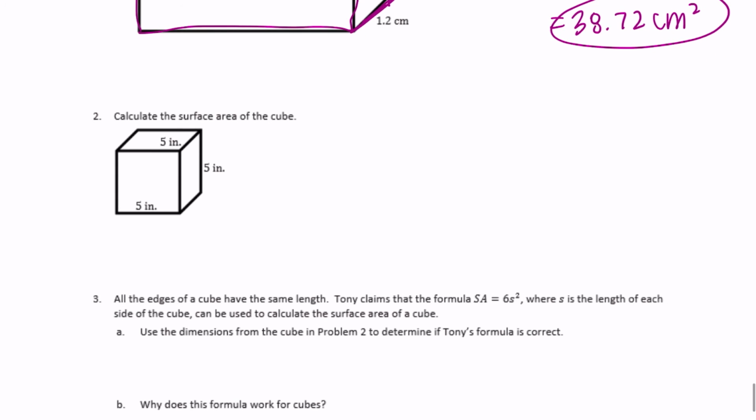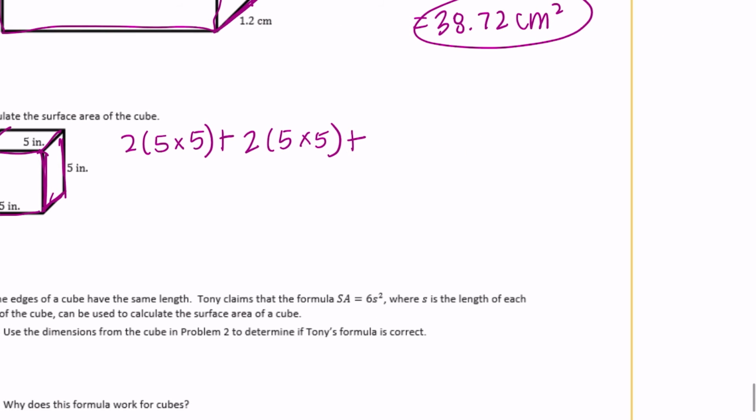Number 2, calculate the surface area of a cube. All right, so we'll do it the same that we've been doing. So let's find the area of the front face. So 2 groups of 5 by 5 plus the area of the top, another 2 groups of 5 by 5, plus the sides will be 2 groups of 5 times 5.